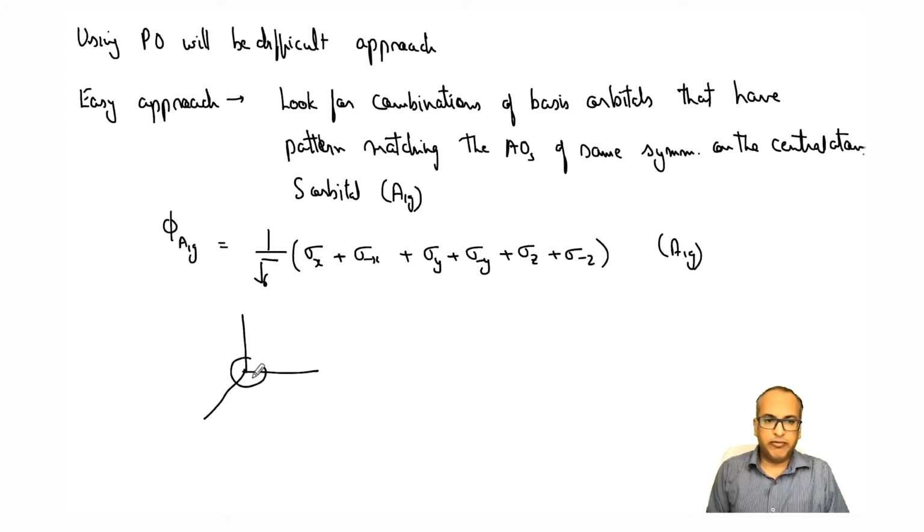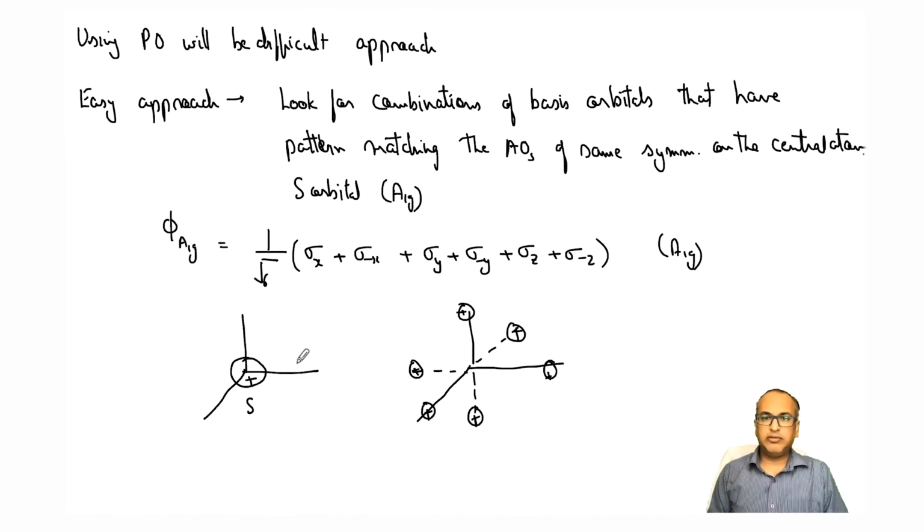So if I have the central metal atom as an S orbital, which will be positively phased, then my SALC phi A1G can be drawn like this. So I have positive, positive, positive, positive, positive, positive.